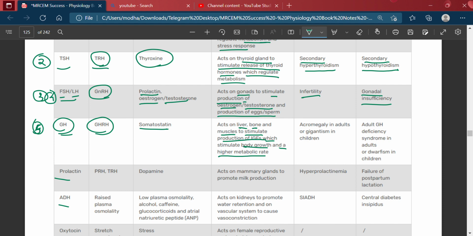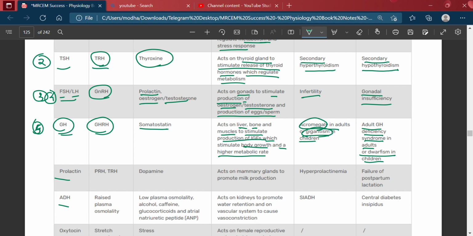In excess, it causes acromegaly in adults and gigantism in children. In deficiency, it causes adult growth hormone deficiency syndrome in adults, or dwarfism in children.